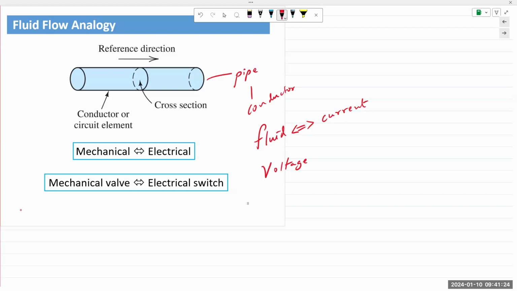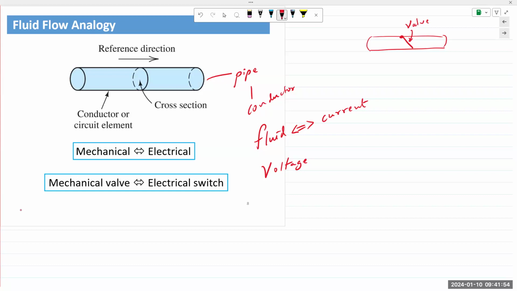Now, a mechanical valve and an electrical switch, they are the exact opposite. Now I'll show you how. If you have a valve, let's say you have some sort of pipe in there. Now valves can be, of course, open or closed, but in simple terms, let's say there's this valve in the pipe.